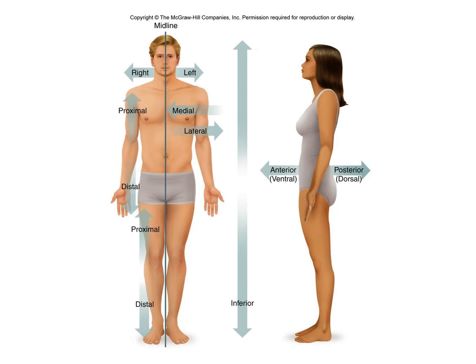With limbs, we can use the terms proximal and distal to refer to where points are located in relation to the point of attachment. Now, we could also use this with respect to some organs as well. I'll show examples of this later, but the pancreas, for instance, it's attached at one end and free at the other end. We could use proximal and distal in relation to that. Also, proximal and distal are used with reference to the digestive system sometimes.